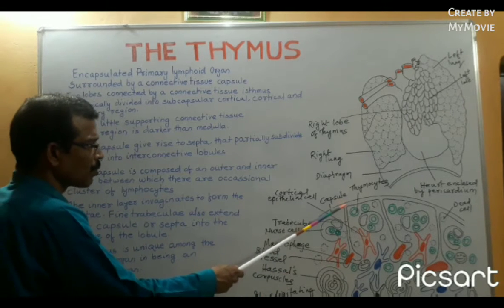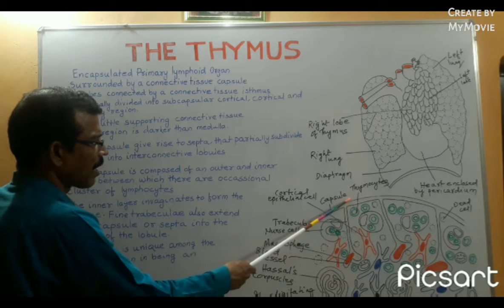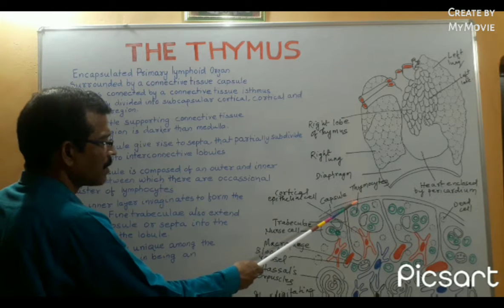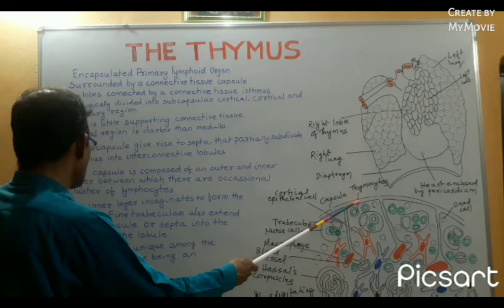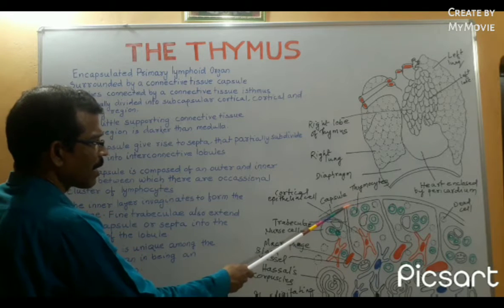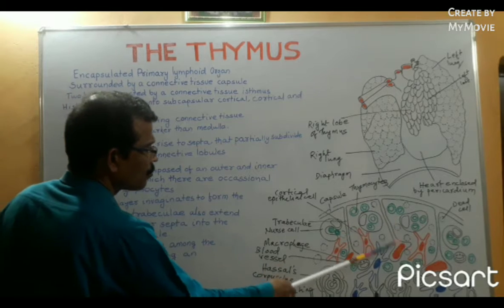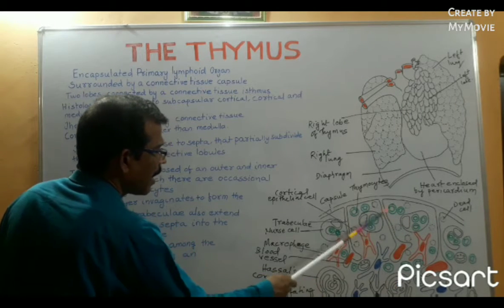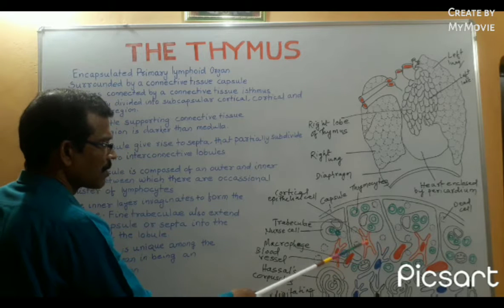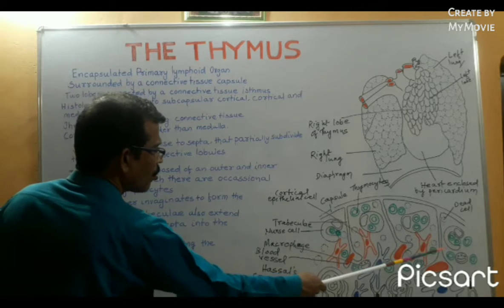And the capsule consists of two layers, outer layer and inner layer. Between these two layers, there are occasional clusters of lymphocytes. And the inner layer of the capsule invaginates to form the septa. And the septa partially divide the thymus into interconnecting lobules.